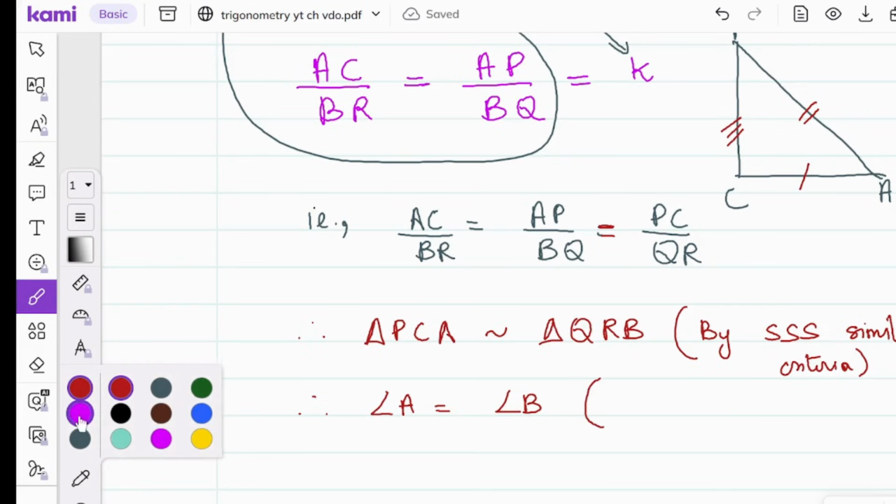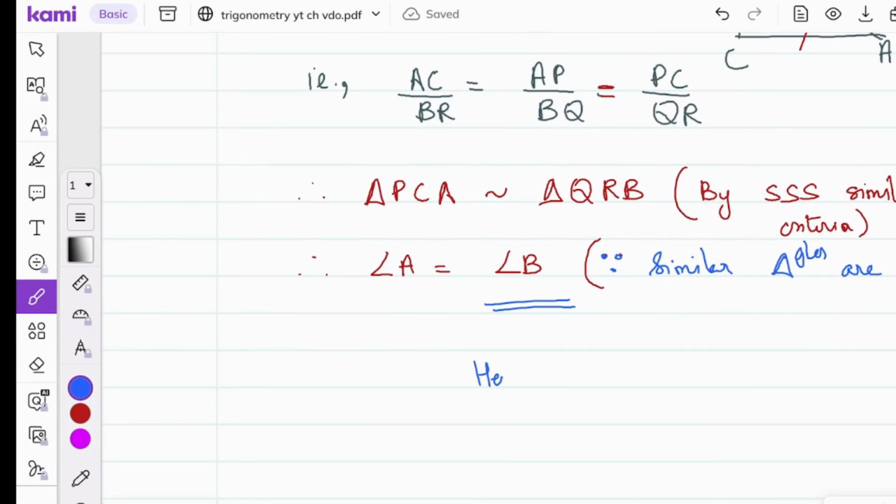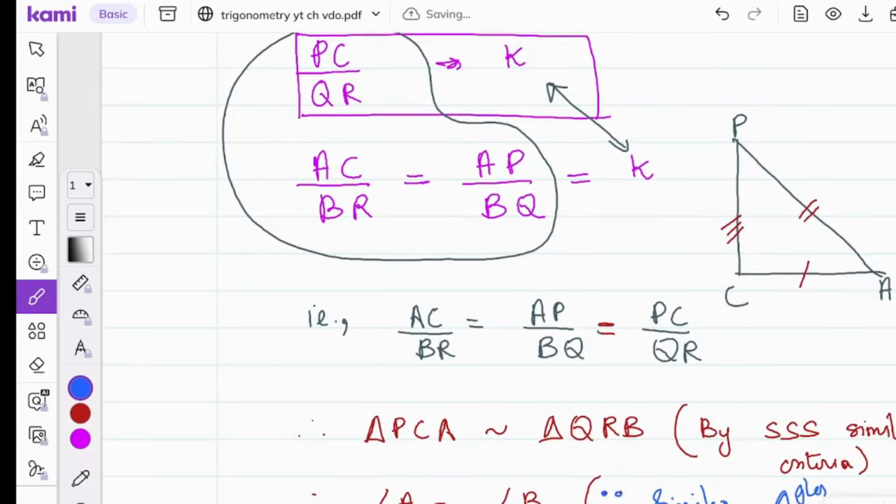We have to give that reason here. Clear? This is how we will solve this. Hence, thus we got the answer for the sixth one.